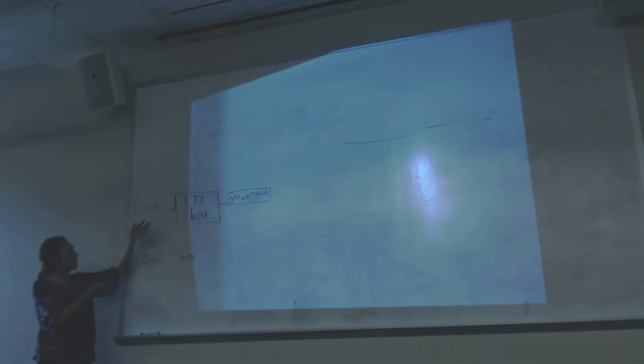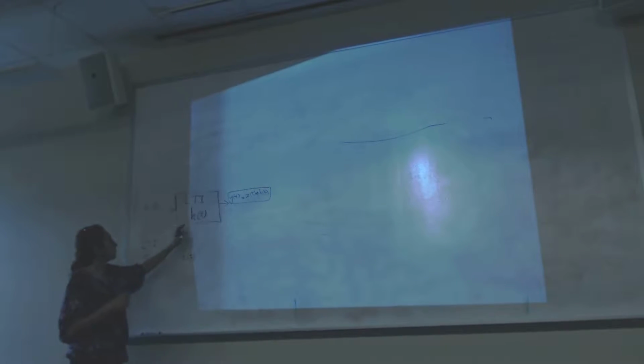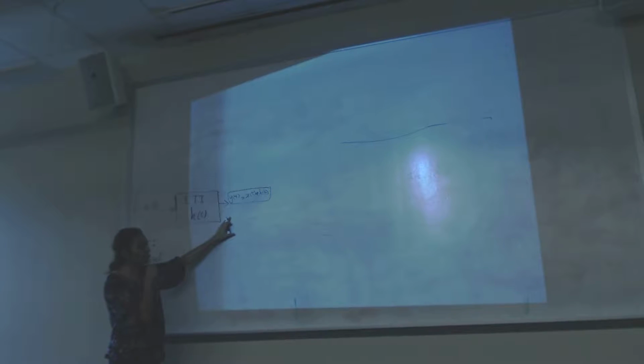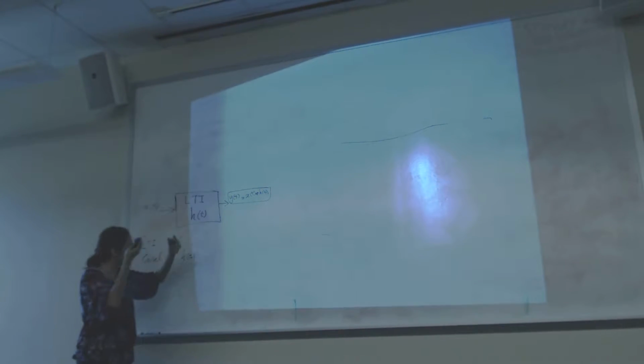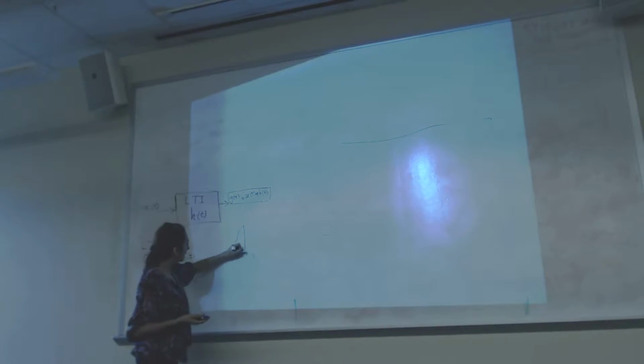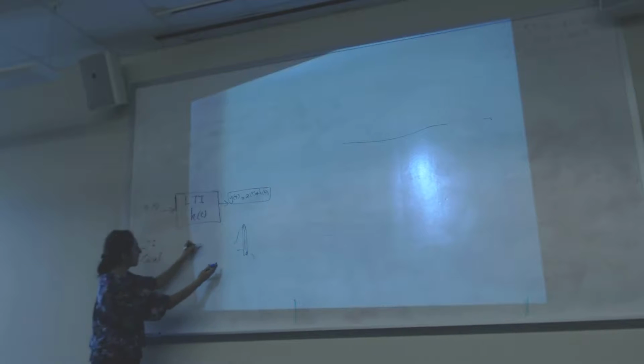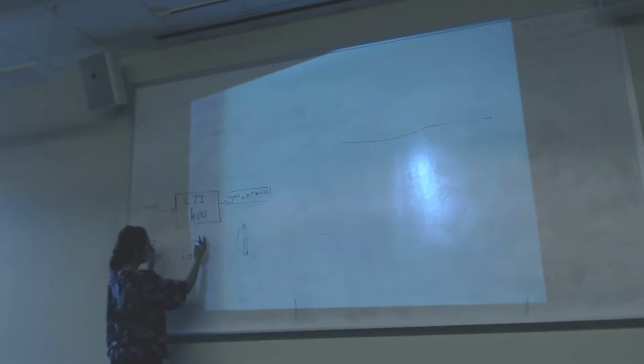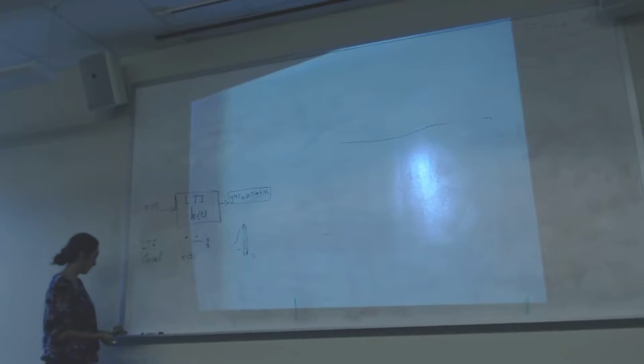We say the system is causal if the output doesn't depend on the future. For example, if I'm looking at the output at time 5, this output only depends on the input from before 5. It doesn't depend on the future.